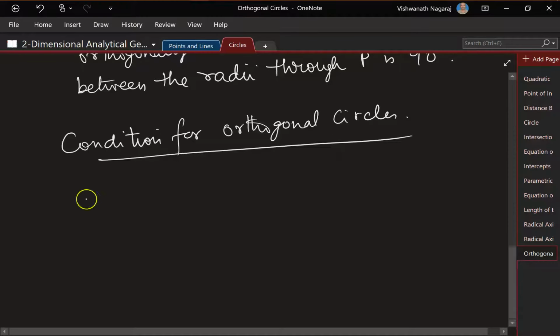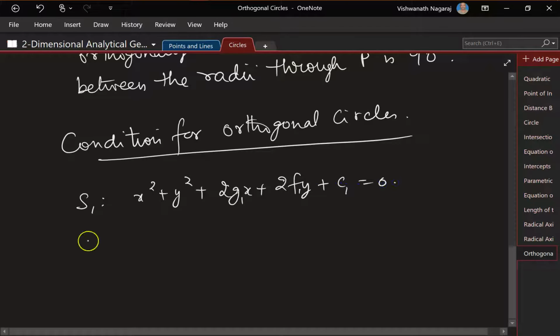Let's say S1 is x square plus y square plus 2g1x plus 2f1y plus c1 equal to 0. S2 is x square plus y square plus 2g2x plus 2f2y plus c2 equal to 0.